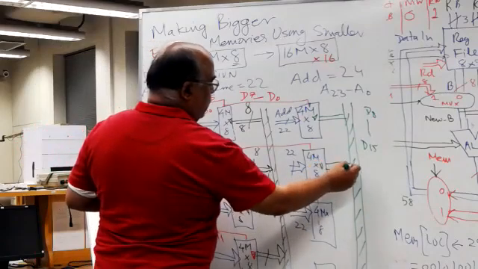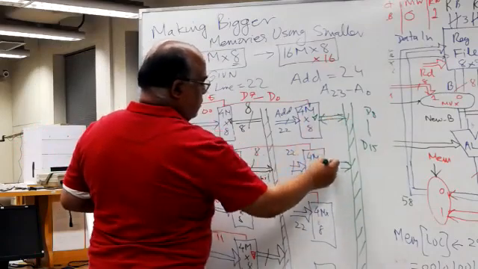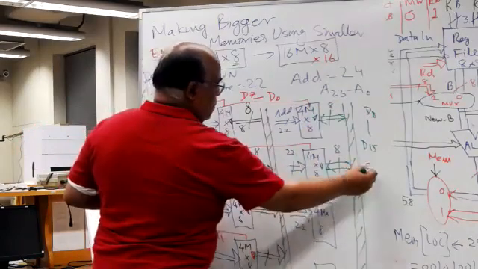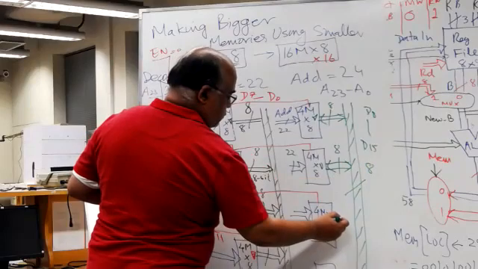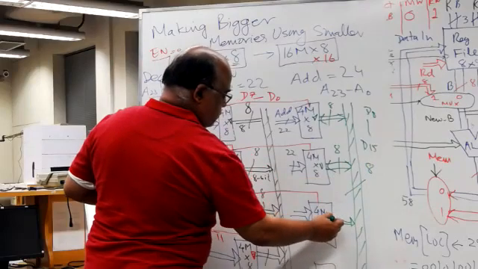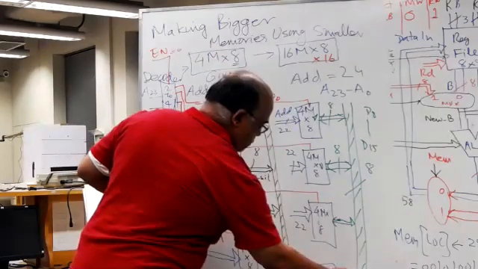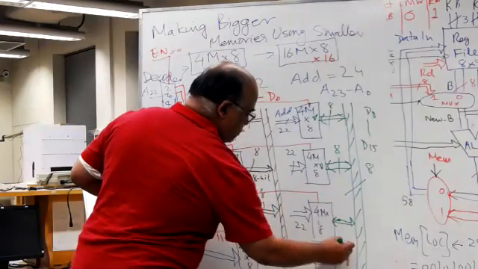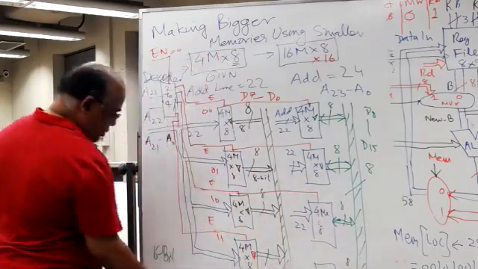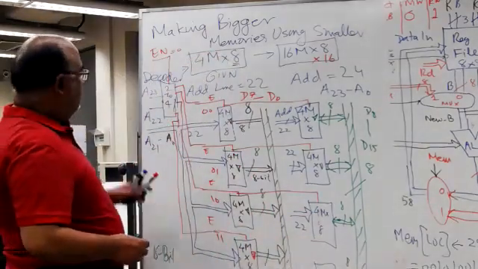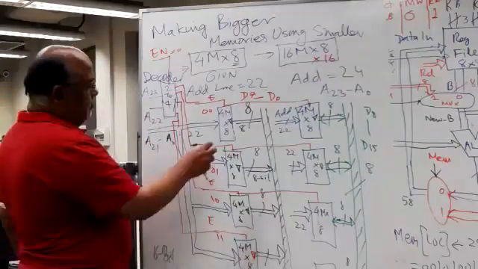So they are all connected like this. So you see, the processor can now read and write 16 bits of data.